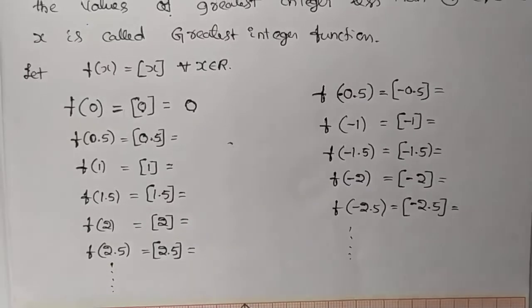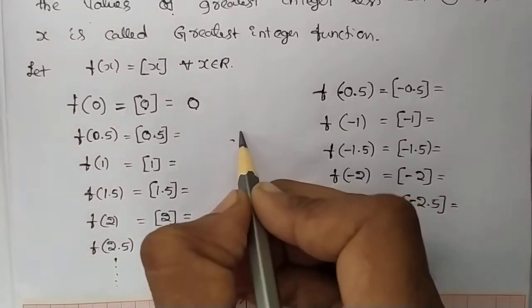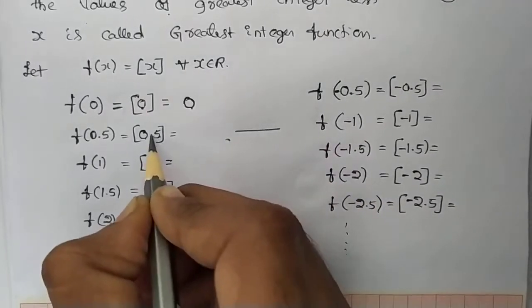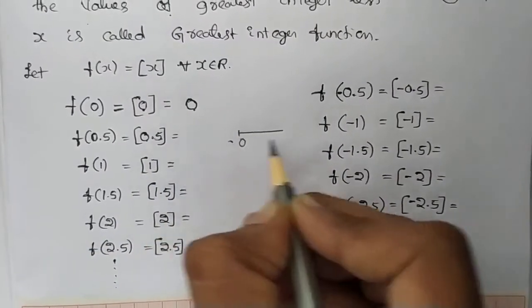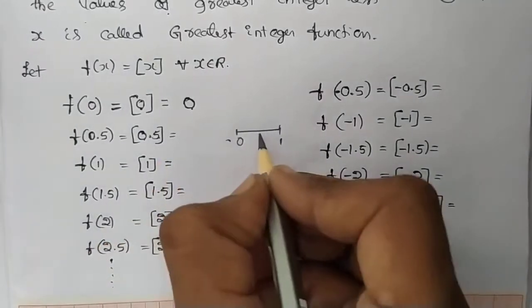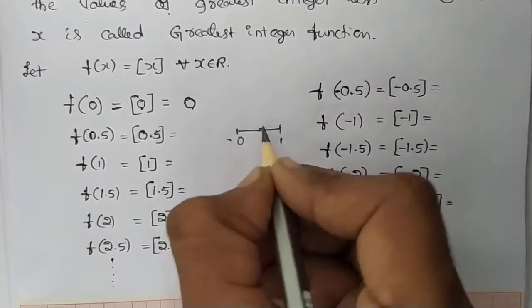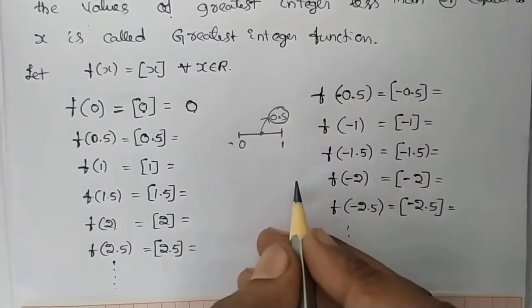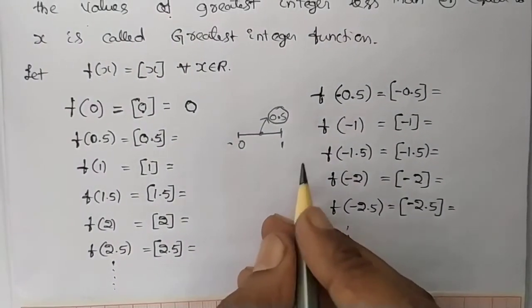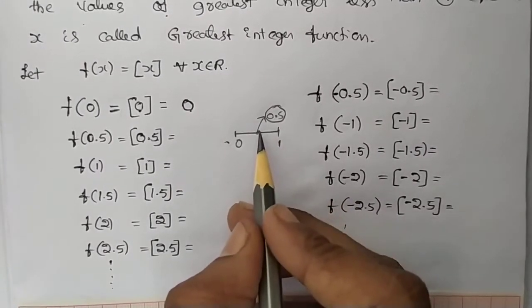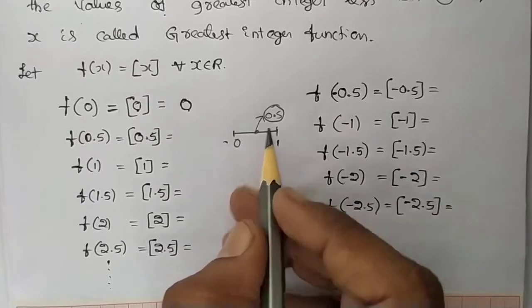You just take a number line. 0.5 will come in between 0 and 1, isn't it? By the definition of the greatest integer function, the greatest integer is less than or equal to x, isn't it?